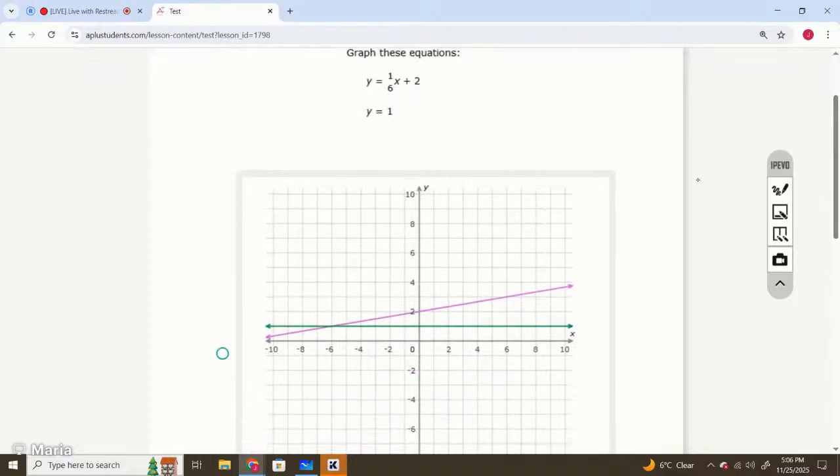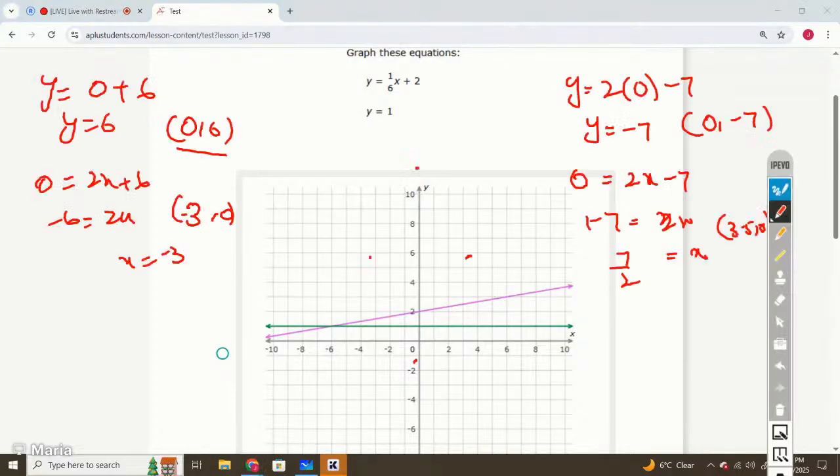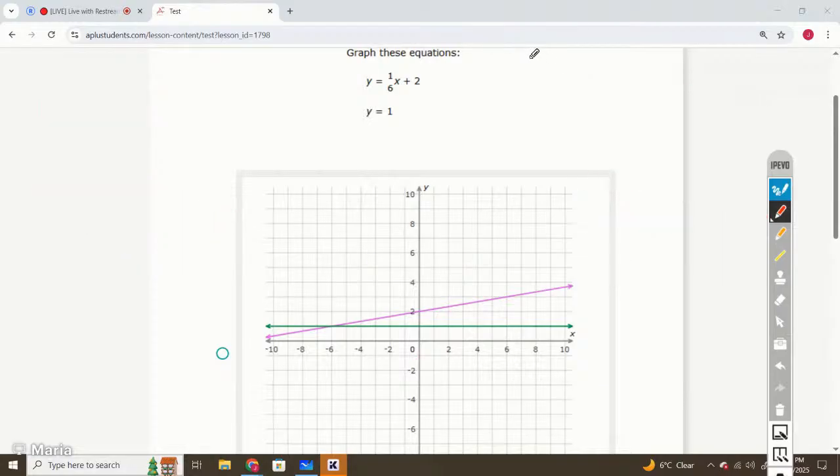Graph this equation: y equals 1 by 6x plus 2 and y equals 1. So when x equals 0, y equals 2. We have 0 and 2.